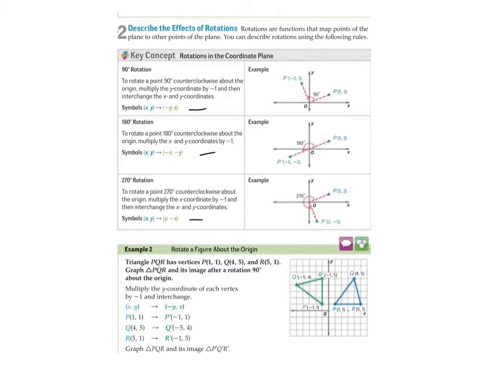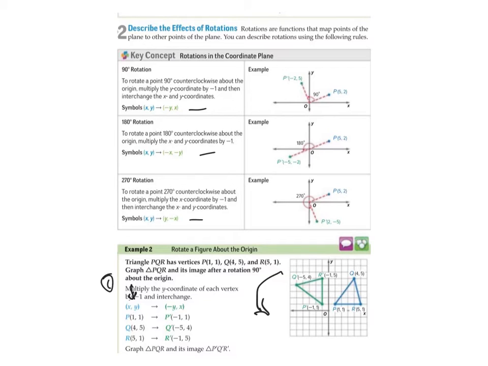So again, same thing as what you did last time. It's talking about a 90-degree rotation. We are going counterclockwise, so again, we're going in that direction. So if it's in quadrant 1, which the blue one is, you're going to move it to quadrant 2. So first and foremost, and don't forget, number 1 is always write down your given coordinates.